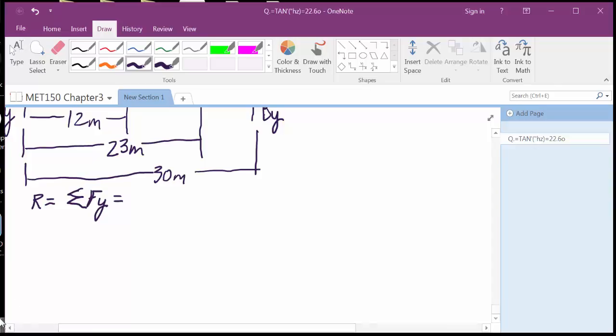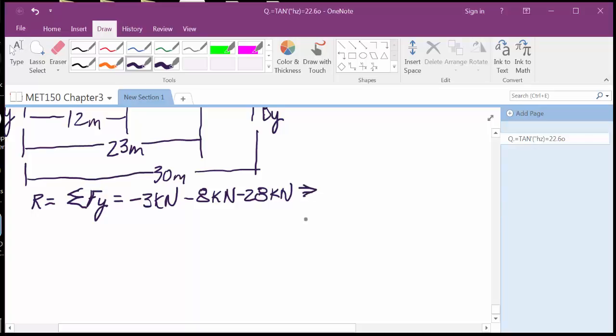Okay, so we had 3, and that's a negative, isn't it? 3 kilonewtons minus 8 kilonewtons minus 28, right? And that equals what? Let's see.